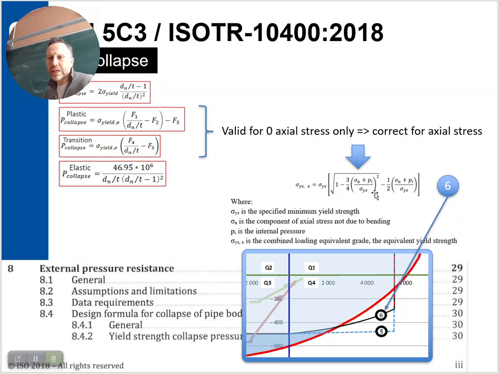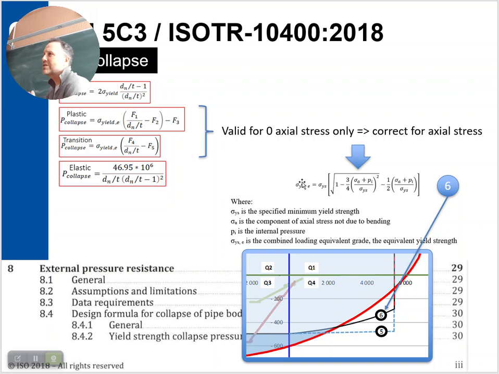Now, what you can see is that the axial stress, the sigma A, and the internal pressure also are involved. This was made as an addition in 2015 to the API standard, and you put in the original yield strength, and out comes this one that is supposed to be correcting for axial stress.